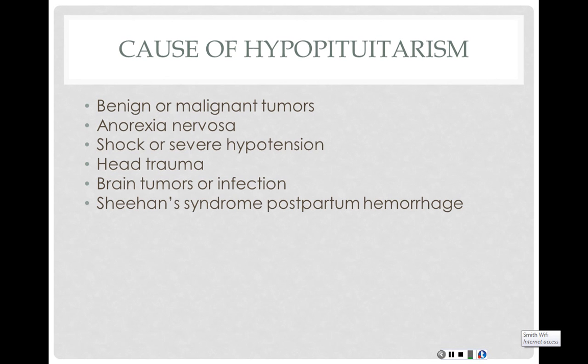When this occurs, the person is going to have decreased function of the pituitary gland, and it's often caused by blood loss or hypovolemic shock that can occur after childbirth. So the person has the baby, they can't control the bleeding, and that woman loses a lot of blood. It can lead to Sheehan syndrome or Simmonds syndrome, where that underperfusion of the brain causes necrosis of the pituitary gland.